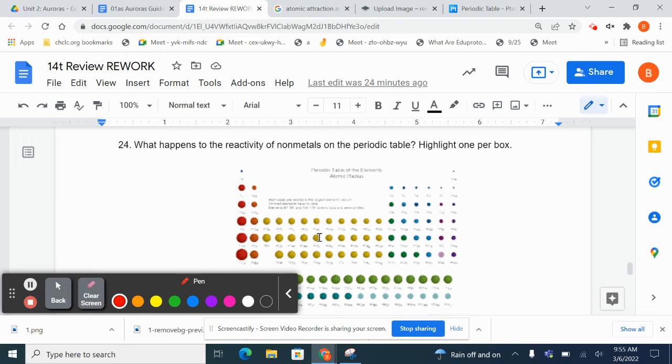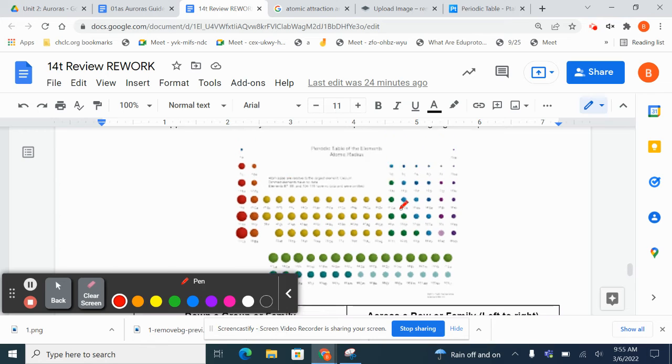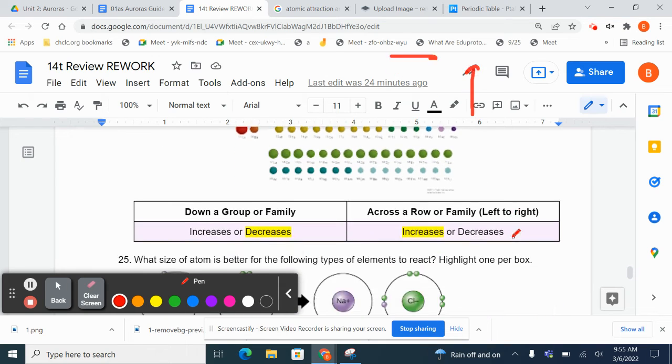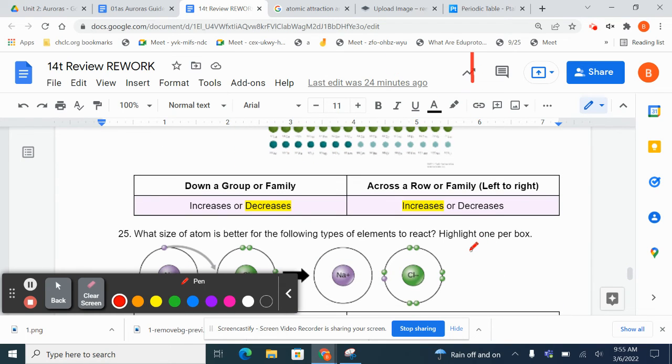Nonmetals, of course, are going to be gaining electrons, and to pull in electrons, smaller is better because the pull is better. We can see it gets smaller this way and this way. So what this means for reactivity is down a group or family, the reactivity decreases, and across a row, it increases.